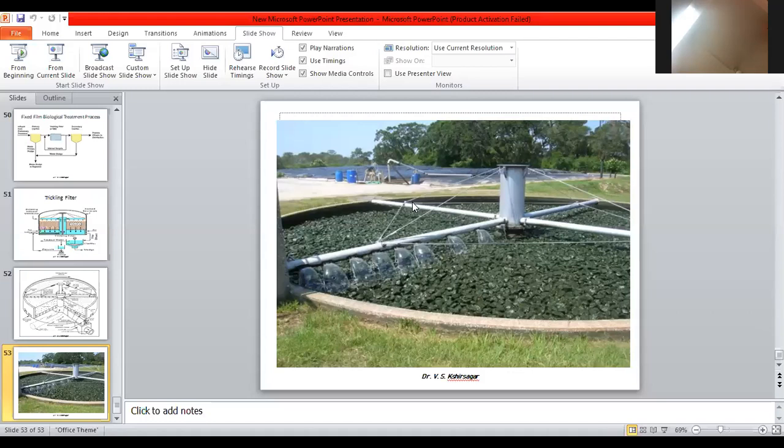Next line, write down: the filters are constructed with an under drainage system for collecting the treated wastewater.